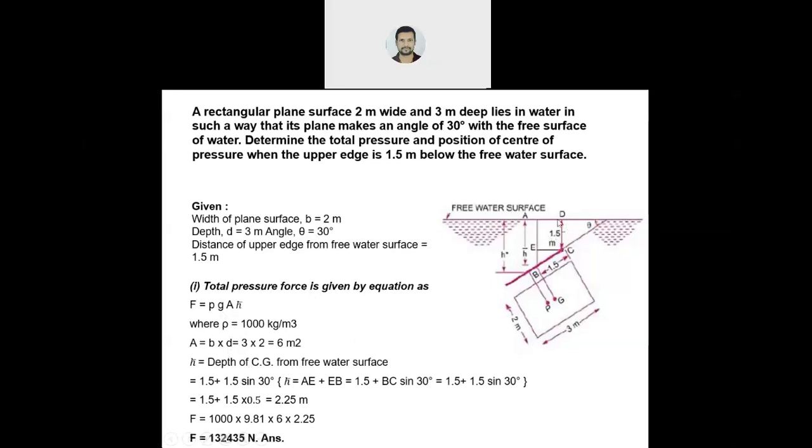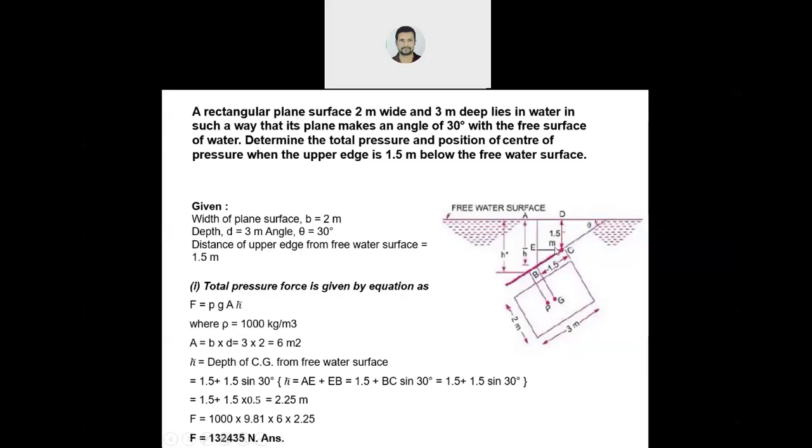This 1.5 from D to C plus this E to B. Total h bar is from A to B. So this A to B you can divide into this side D to C plus this E to B. Now D to C is given in the question as 1.5 meter, and this E to B you will calculate.